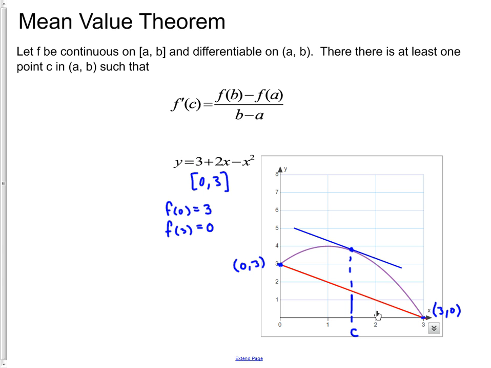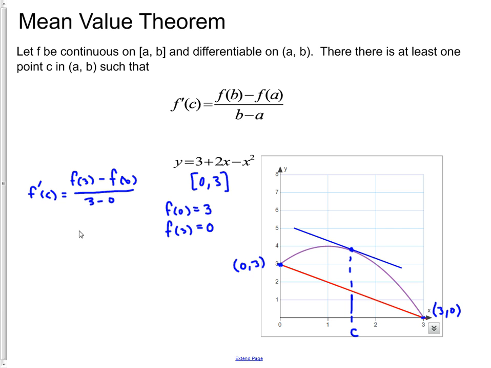All right, so we might ask, then what are we saying right here in this quantity? Well, we're saying that there has to be some value c such that if I were to take the derivative of my function y equals 3 plus 2x minus x squared, I should be able to find a place where the slope of the line that's tangent to the curve is exactly equal to f of 3 minus f of 0 divided by 3 minus 0.